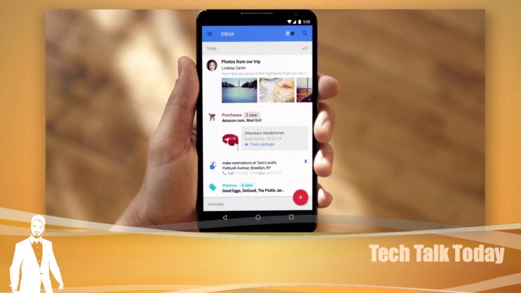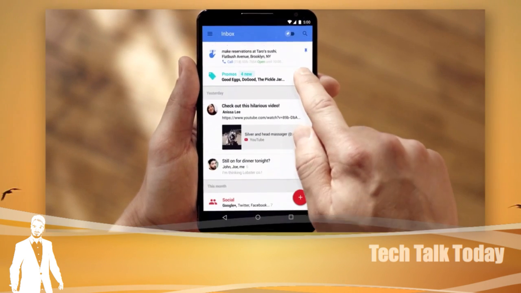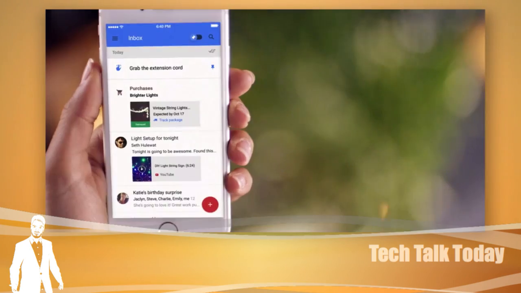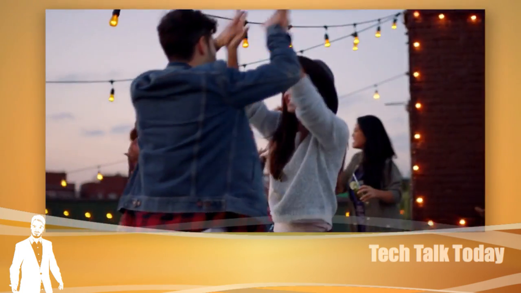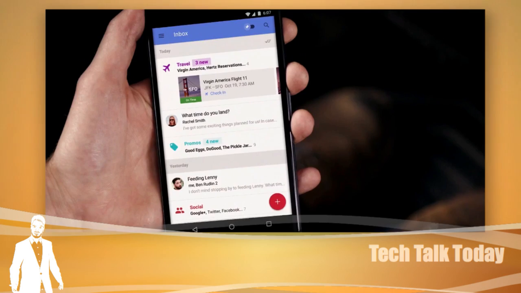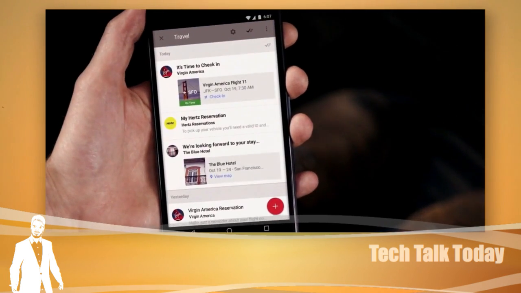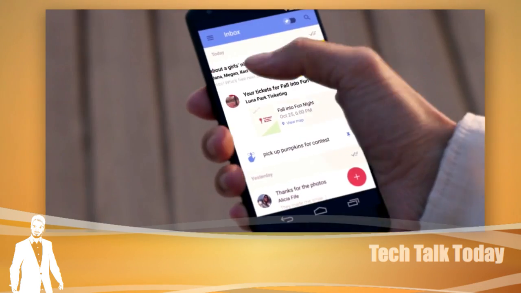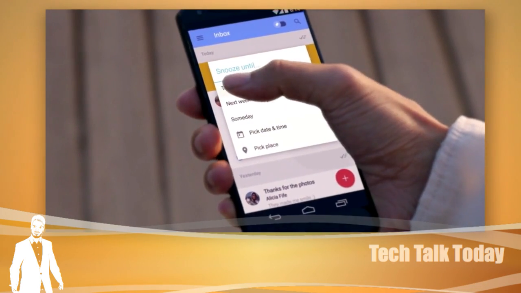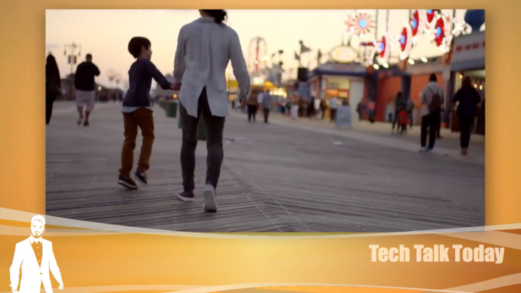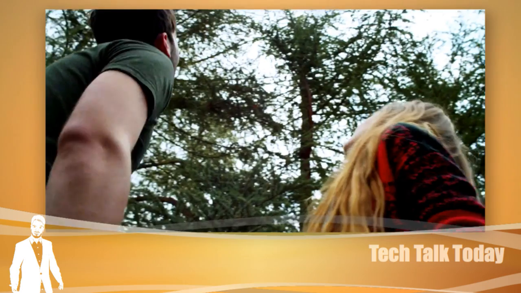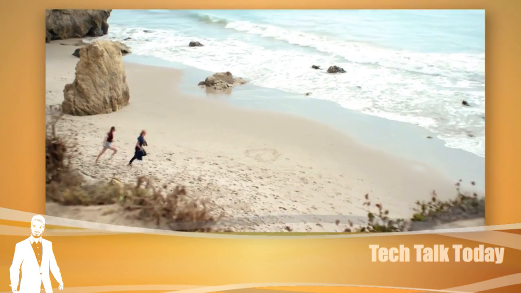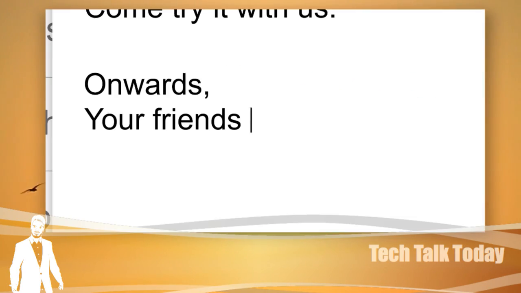So we built Inbox, an inbox that works for you. Inbox lets you add your own reminders to help you get things done. It bundles similar messages together and highlights the important stuff. Inbox is a way to get back to what matters. Come try it with us. Your friends at Gmail.